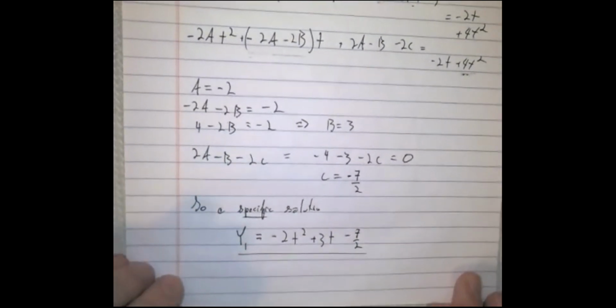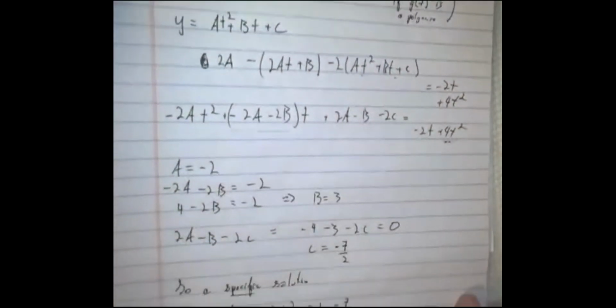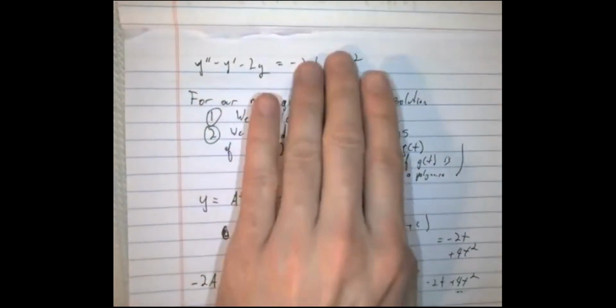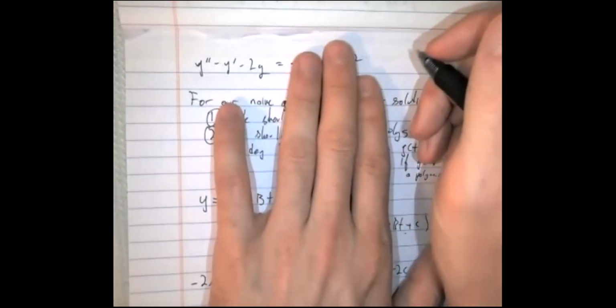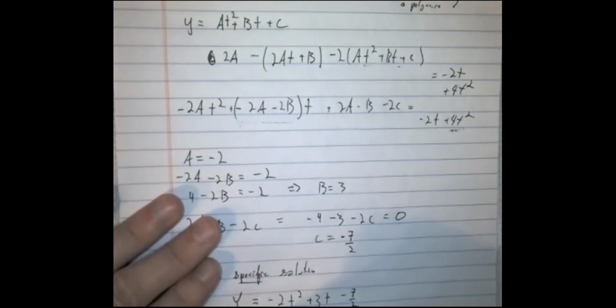And now what is the general solution to this whole differential equation? What's the fundamental system of solutions to the homogeneous part of this differential equation? C1 e to the negative t plus C2 e to the 2t.